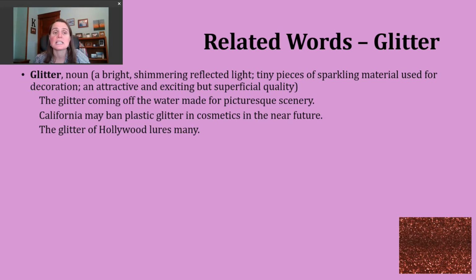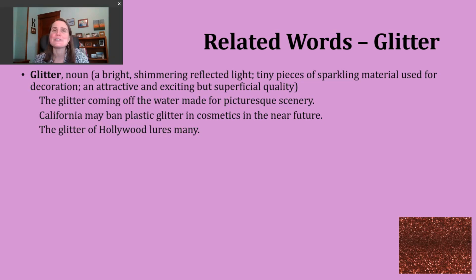The first way to use the noun is to refer to a bright and shimmering reflected light. An example of this meaning in a sentence could be, the glitter coming off the water made for picturesque scenery. Right? So we can imagine light bouncing and creating that reflected, shimmery sort of effect.